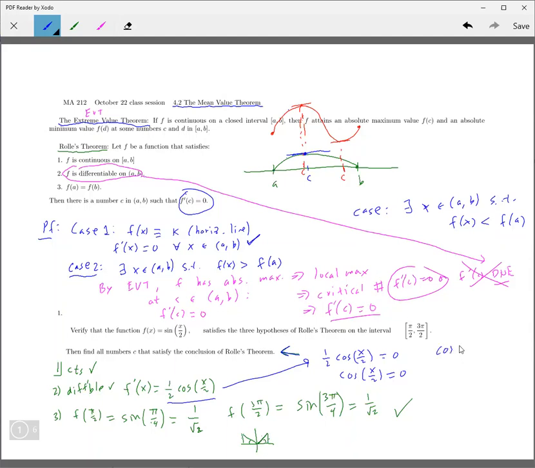We know that the cosine of pi over 2 is 0, so x equals pi is going to work. X equals pi will be the value that works.